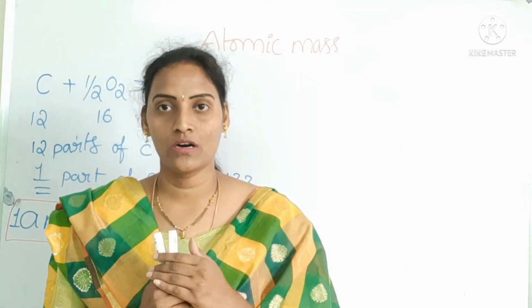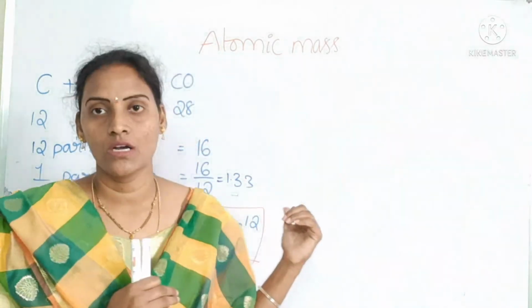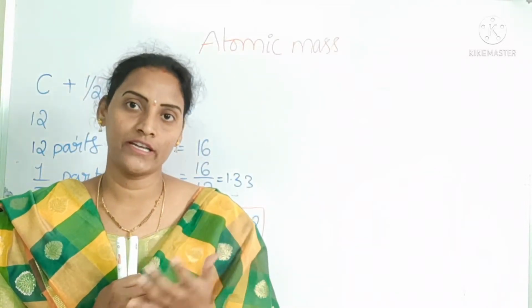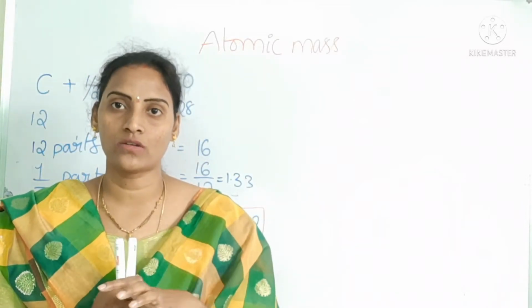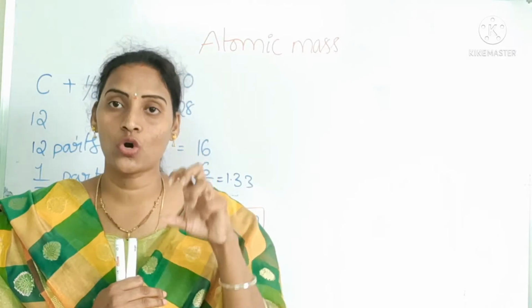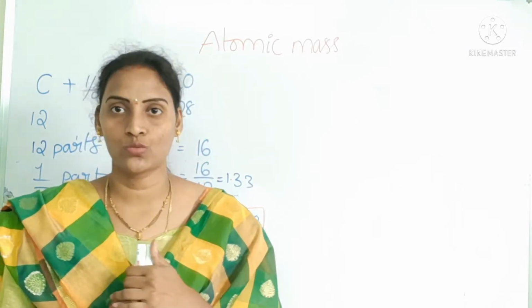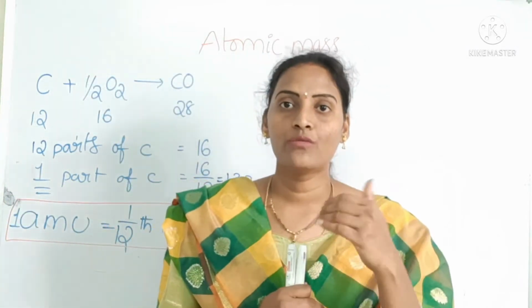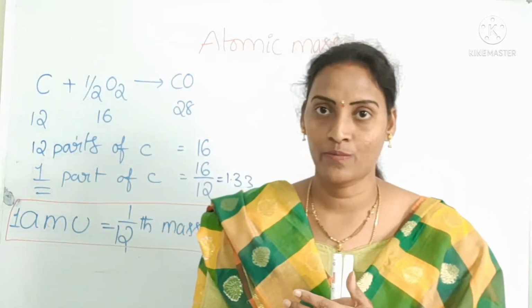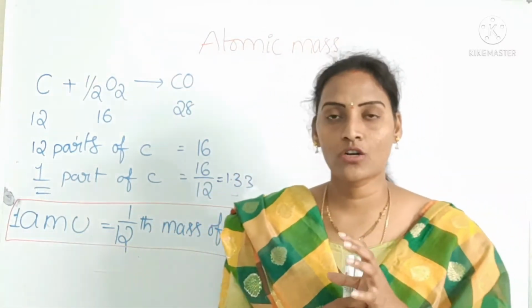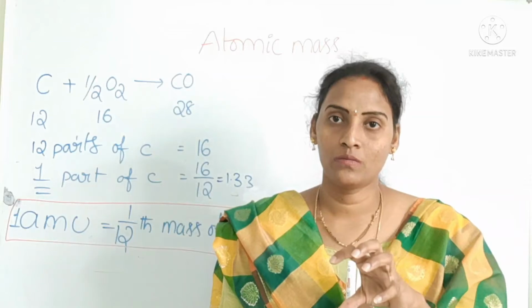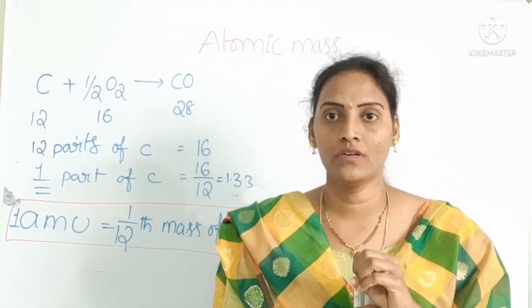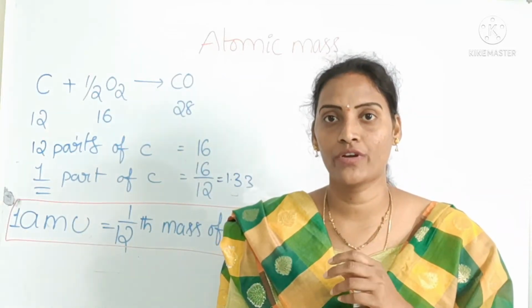If you go to oxygen, students, before taking the C12 isotope, they preferred oxygen, but that was not giving proper values. Why? Because oxygen gives values in fractions. Fractions are not comfortable for measuring values of individual atoms of elements.